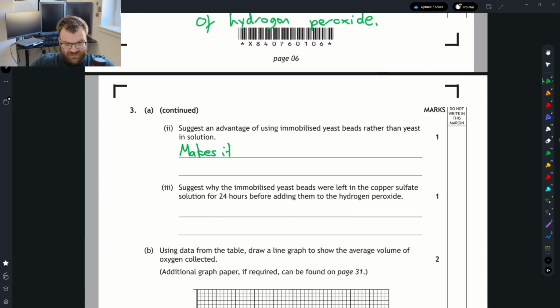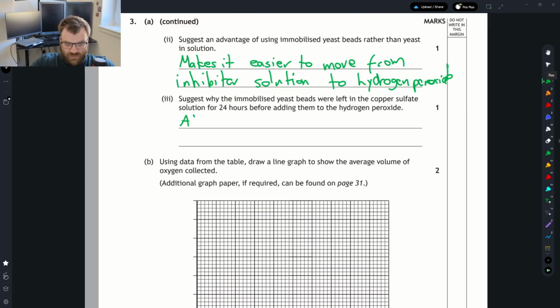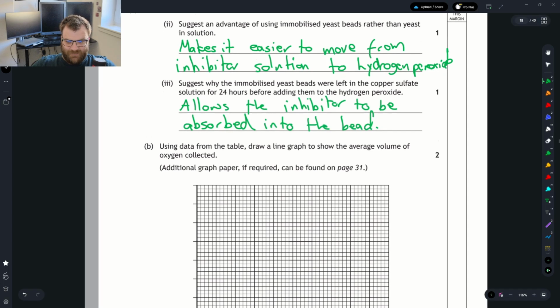Makes it easier to move from inhibitor solution to peroxide. This is going to allow the inhibitor to be absorbed into the bead. Gives it time to do its inhibition.